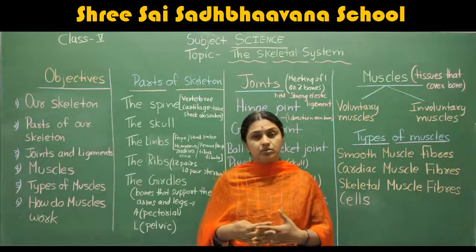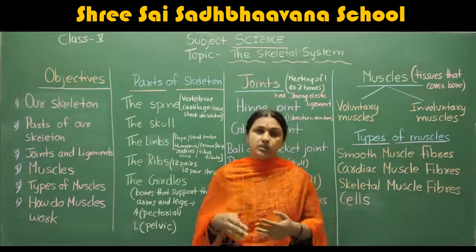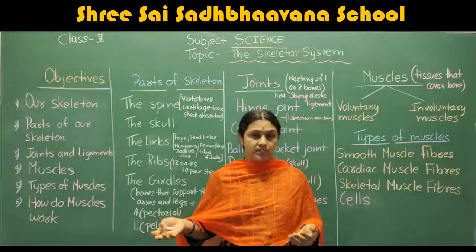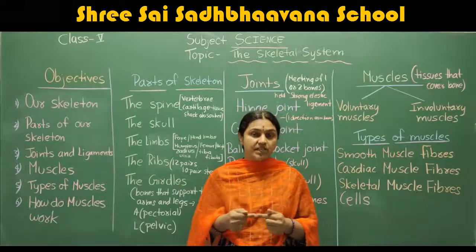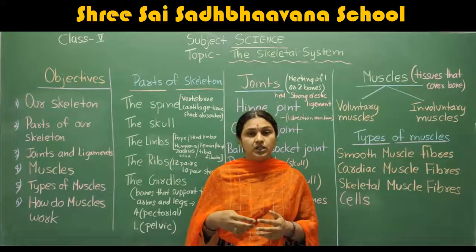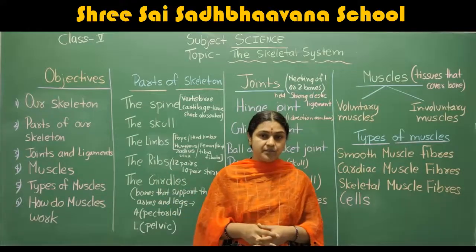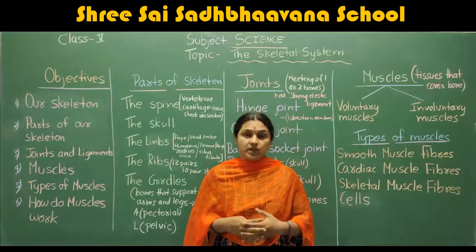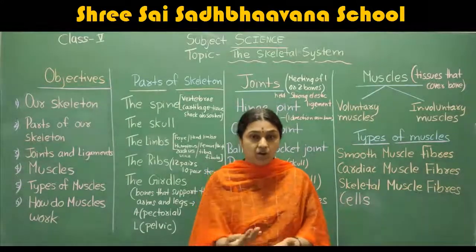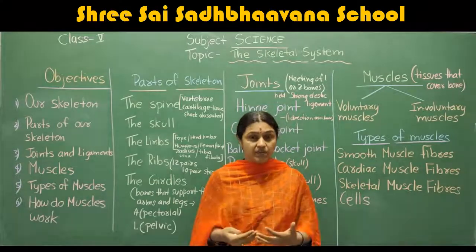Now, what does the skeleton do? At birth, we are all born with 270 plus bones. As we grow, the small bones fuse to each other, and then we have 206 bones at the adult stage. Right, children? And these protect the internal organs like the heart, the lungs and the liver.